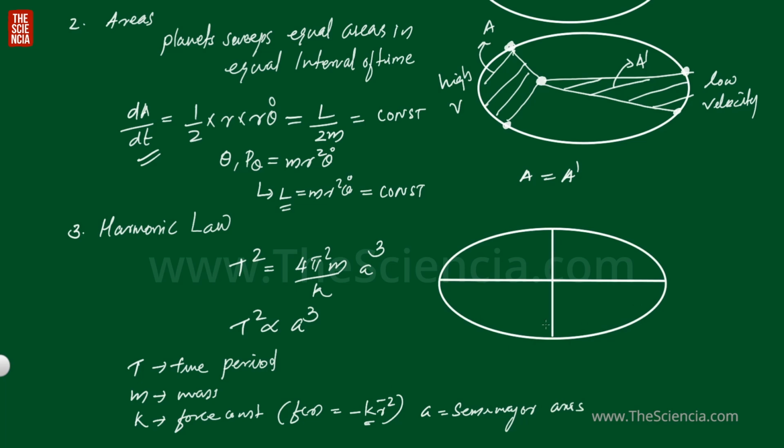If you draw vertical and horizontal lines like this, then this is called b, that is semi-minor axis, and this is called a, that is semi-major axis.